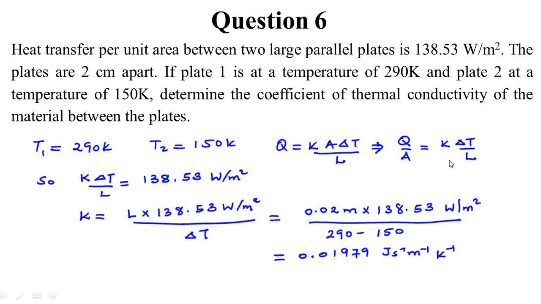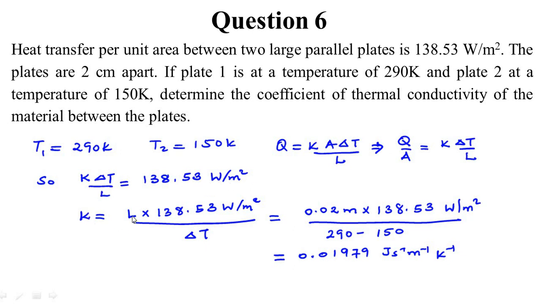And this is already given as a value, 138.53. Our interest here is to calculate K, the coefficient of thermal conductivity. So we make K the subject of the formula. K delta T over L equals 138.53 watts per square meter.